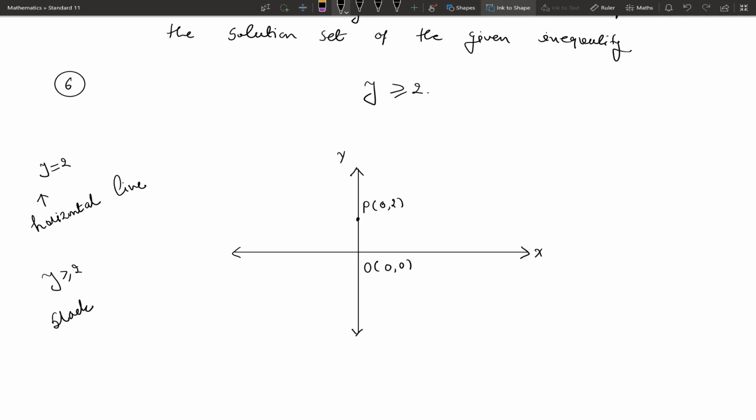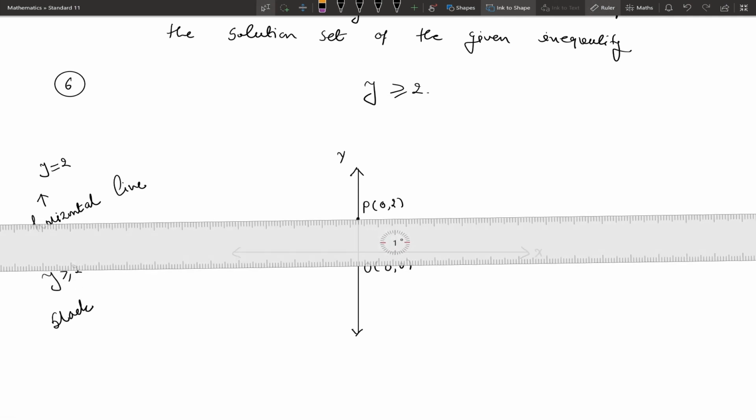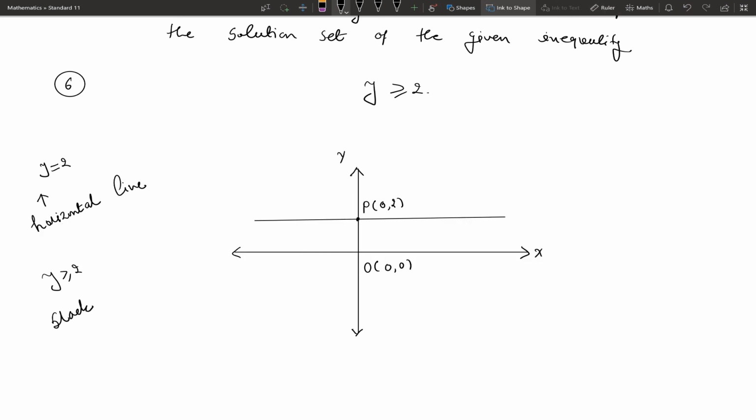So y equal to b means a horizontal line. So y equal to 2 is a horizontal line passing through point 0 comma 2. Now in the inequality y greater than or equal to 2, if we put the coordinates of the origin 0 comma 0, we get 0 greater than or equal to 2, which is not true.